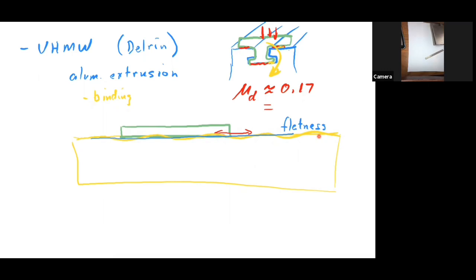Because remember, the whole idea of this bearing is we're trying to hold some part out here that's attached to it. We're trying to get this point right here in 3D space to be predictable and move back and forth.